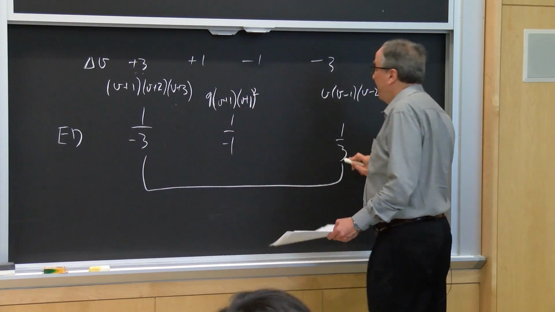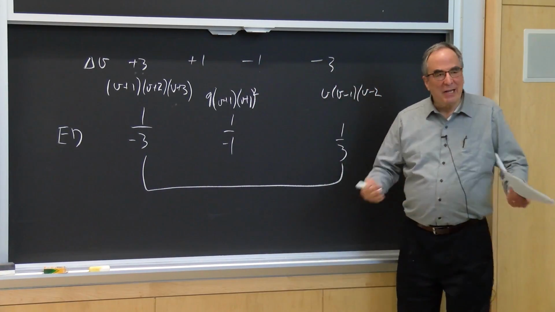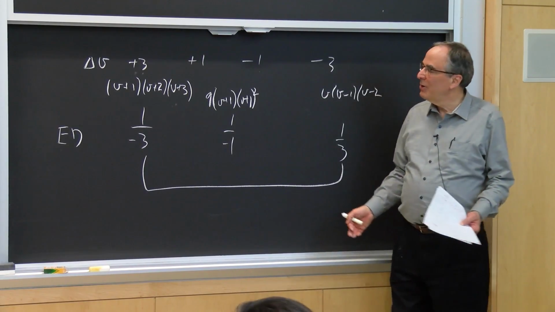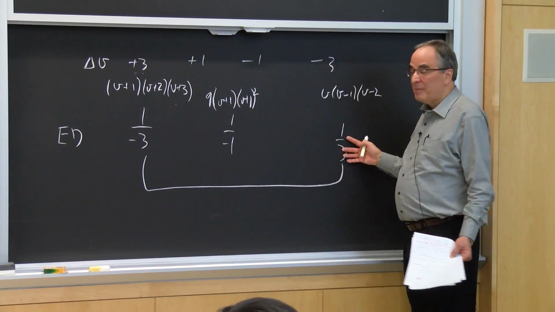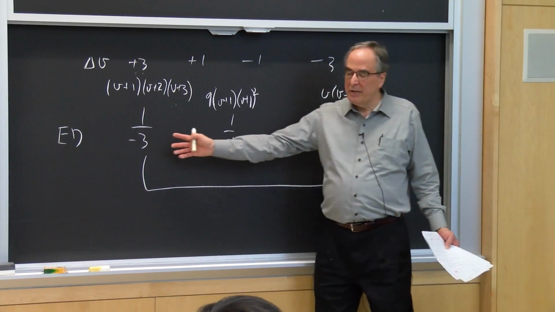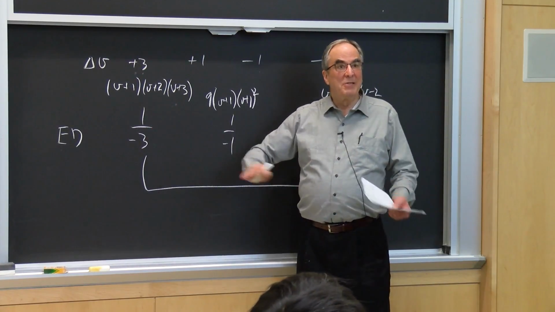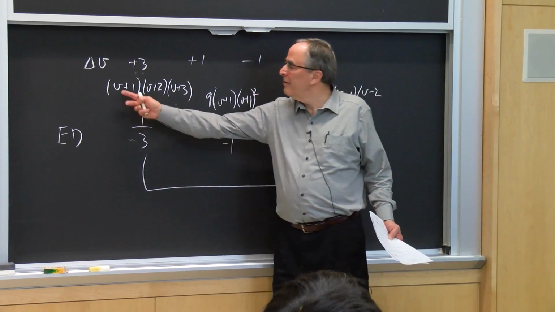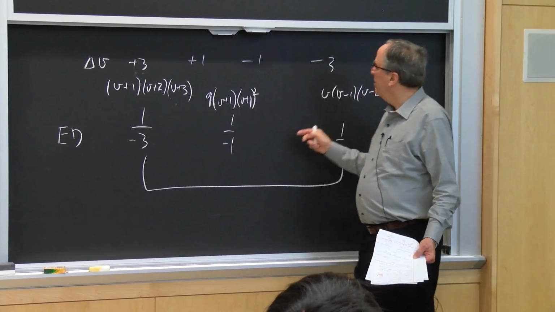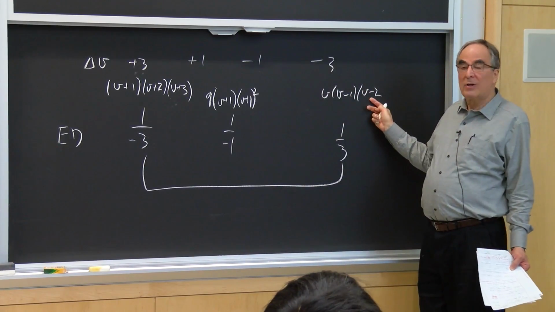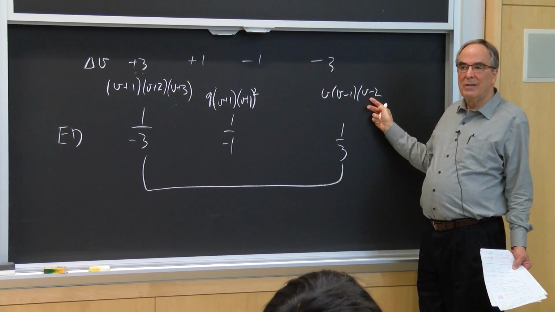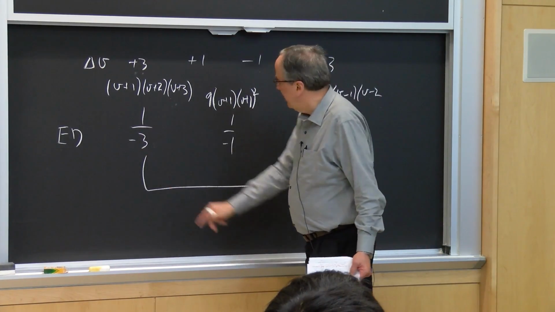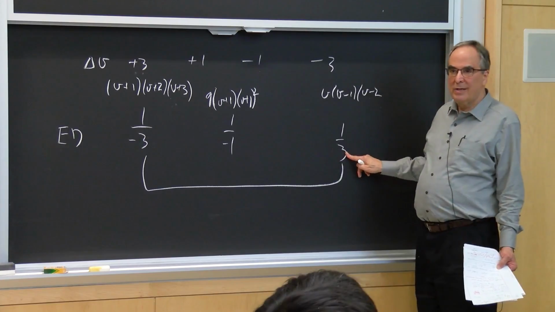Okay, now advice. You don't like this, and you want to minimize your effort. It turns out that if you take the terms with the equal and opposite energy denominators and combine them, simplifications occur. One of the things you can see is you're going to have a V cubed here and a V cubed here, and they're going to cancel, because we have a 1 over minus 3 and a 1 over plus 3.